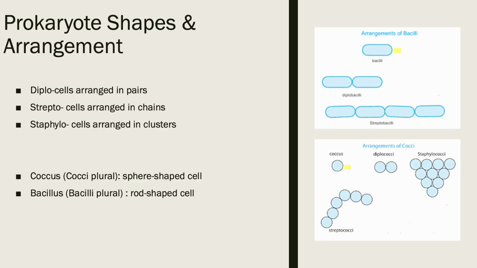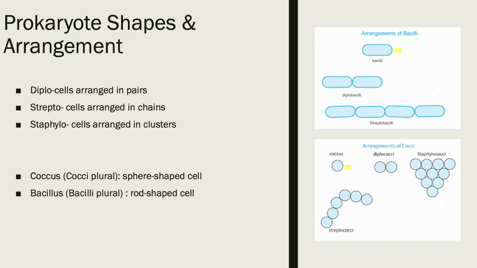So a single bacteria cell that is in a rod form or an elongated form, we call a bacillus, or bacilli is plural. If we have a singular bacteria that is sphere-shaped, we call that a coccus or cocci if it is plural. So definitely be able to distinguish the two types of shapes. And by the way, there are many actual shapes for bacteria cells, but we will just learn these two.